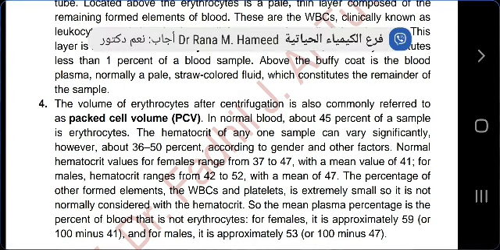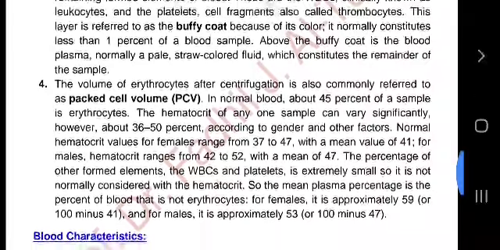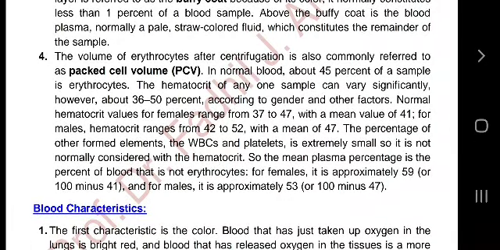47. The percentage of other formed elements such as white blood cells and platelets is extremely small, so it is not normally considered with the hematocrit. So the mean plasma percentage is the percent of blood that is not RBC.